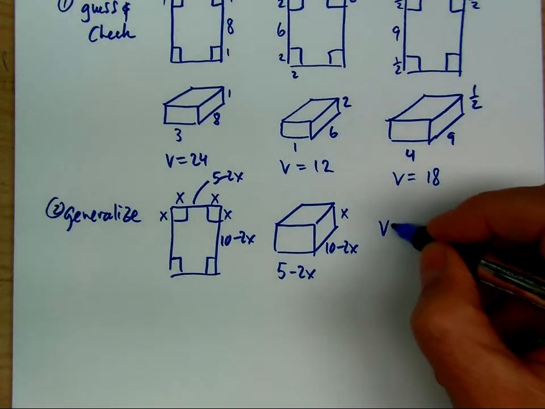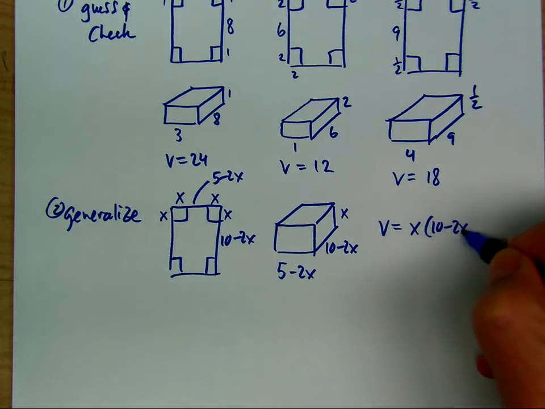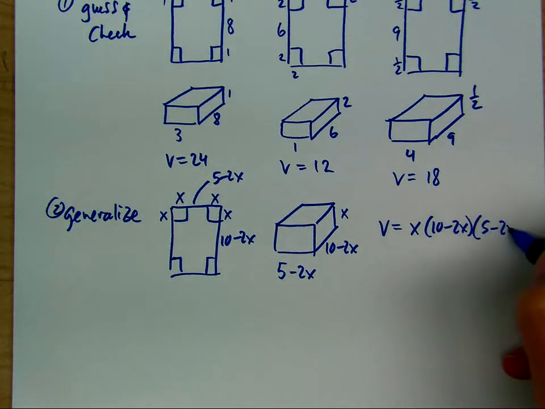The volume is x times 10 minus 2x times 5 minus 2x.